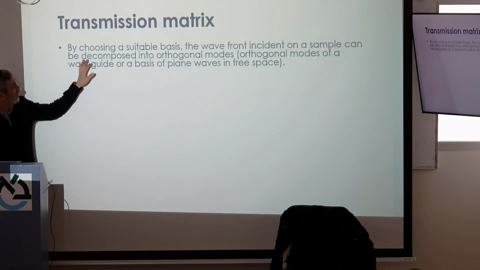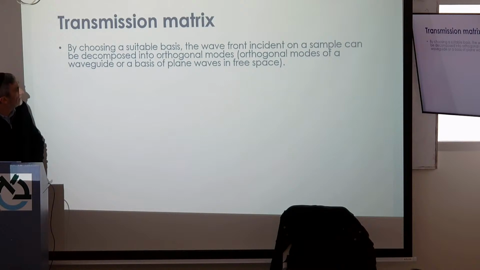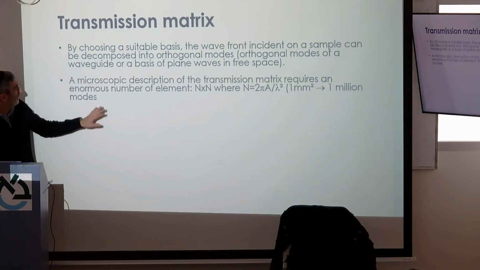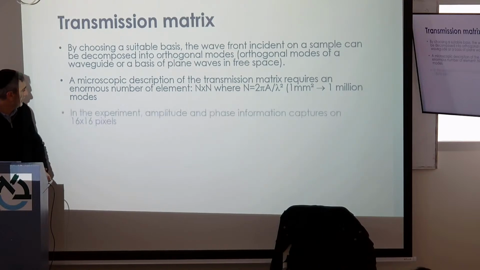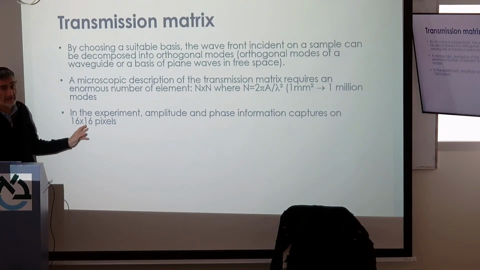So that's just a summary. By choosing a suitable basis, the wavefront incident on a sample can be decomposed into orthogonal modes. The microscopic description of the transmission matrix requires an enormous number of elements. It's a large number of elements to describe that. In the experiment that I showed you, they actually use 16 by 16 pixels.